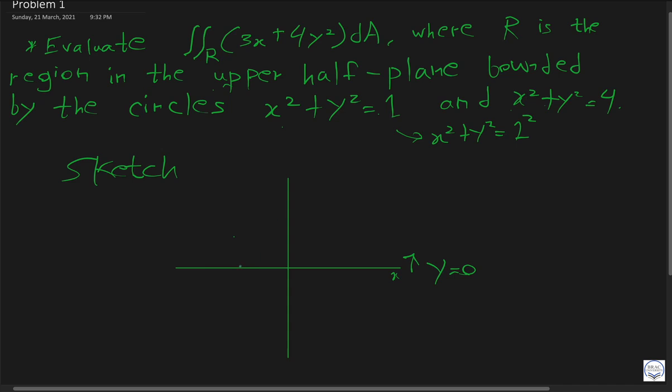This means it's a circle of only 1 unit radius, and we won't have the part below because it's in the upper half plane. The next one is x squared plus y squared equals 2 squared, which means it has a radius of 2. This is my region.